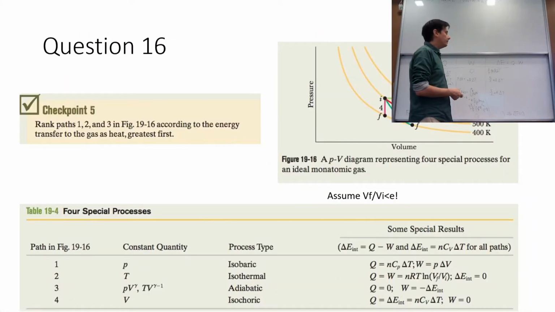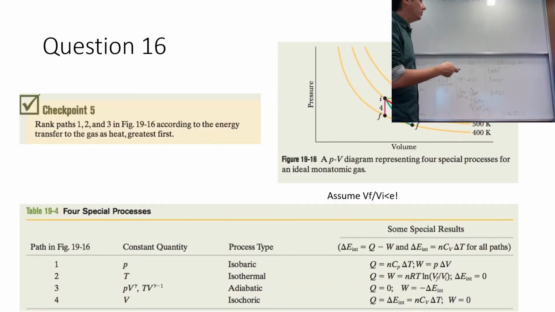Okay, all right, so let's do this checkpoint here. Rank the paths 1, 2, and 3 according to the energy transferred to the gas as heat, greatest first.